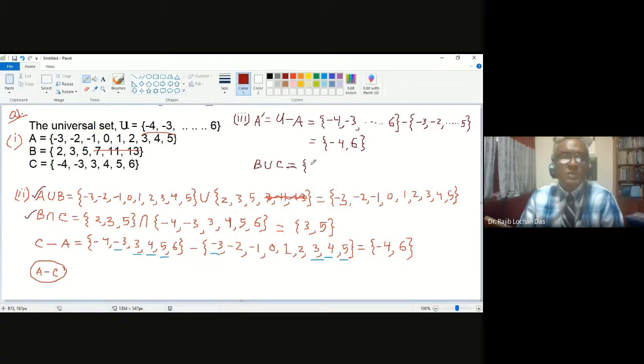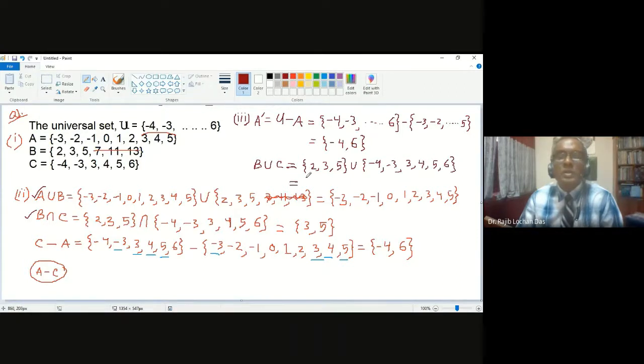So let us find B union C first. What is B union C? You write B: 2, 3, 5. And union C means -4, -3, and 3, 4, 5, 6. So these are the elements in B and C separately.